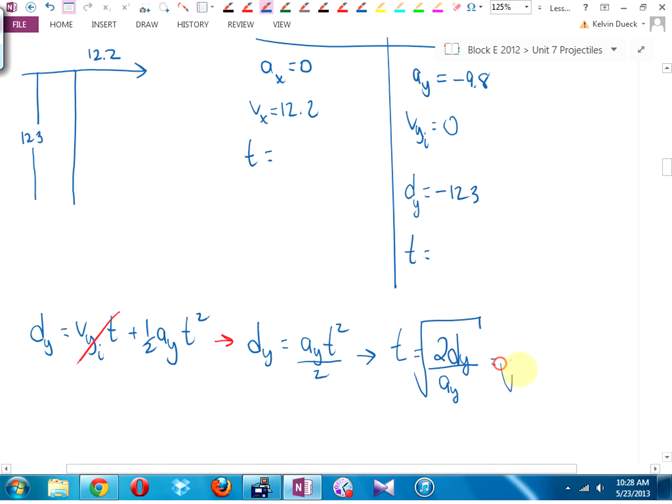Which is going to be the square root of 2 times negative 123 divided by negative 9.8.